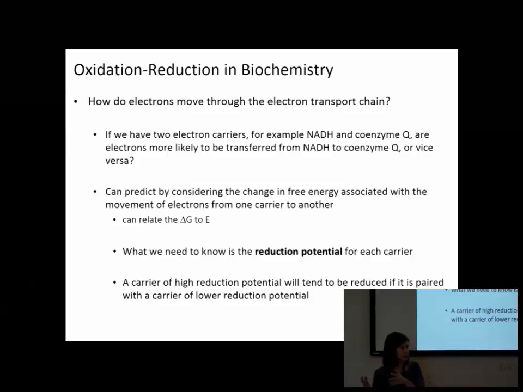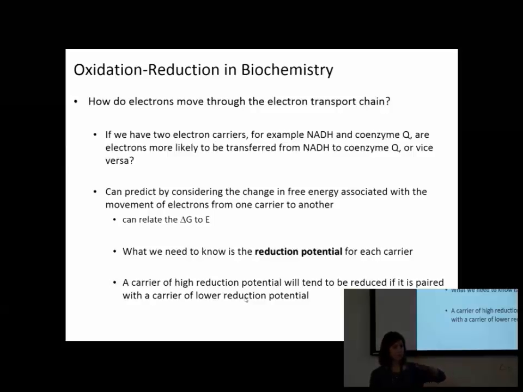So they looked it up, or determined it, for each of the things they identified in each complex. And then said, hey, I bet it's gone from this thing to this thing to this thing. They did other experiments to confirm what they thought, and we'll talk about that. But we're going to note that we're going to take those things from a lower standard reduction potential, more negative, smaller number, and we're going to hand the electrons to a higher value.